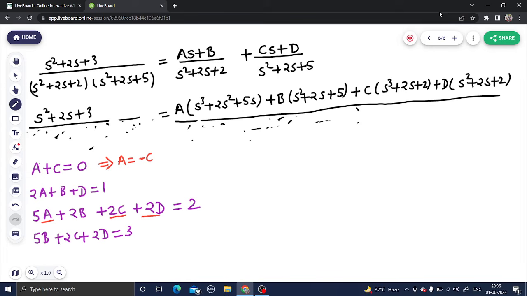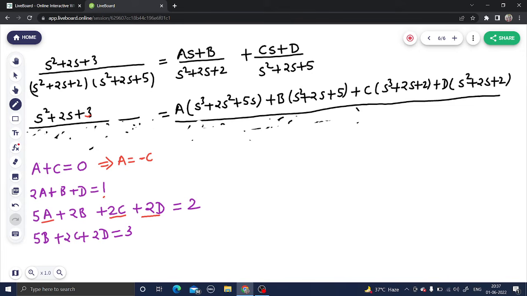So if we put A equals minus C, let's check whether the equations are correct or not. The coefficient of s square we needed, that is 2A plus B plus D.